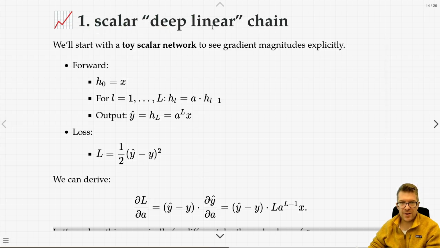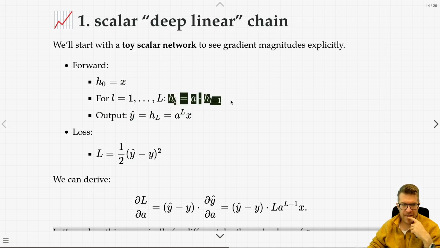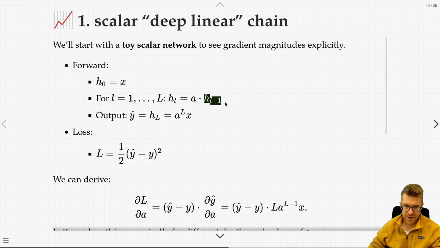Imagine this scalar deep linear chain. We have this toy scalar network to see gradient magnitudes explicitly, so we're going to be able to very clearly see every detail of this process. We're going to have a forward pass. H sub 0 is x, and for all of my layers 1 to big L, my hidden layer is just going to be some scalar a times h at the previous layer, L minus 1.